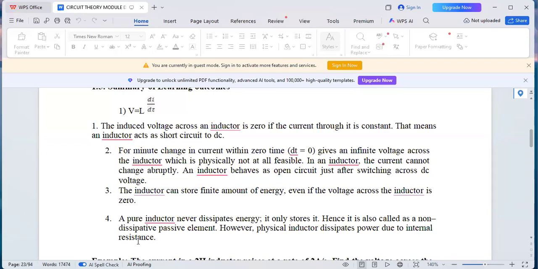That means it is determined, so that is how we can rate inductors like the way we rate resistors. It has its tolerance, it has its limits, even if the voltage across the inductor is 0.